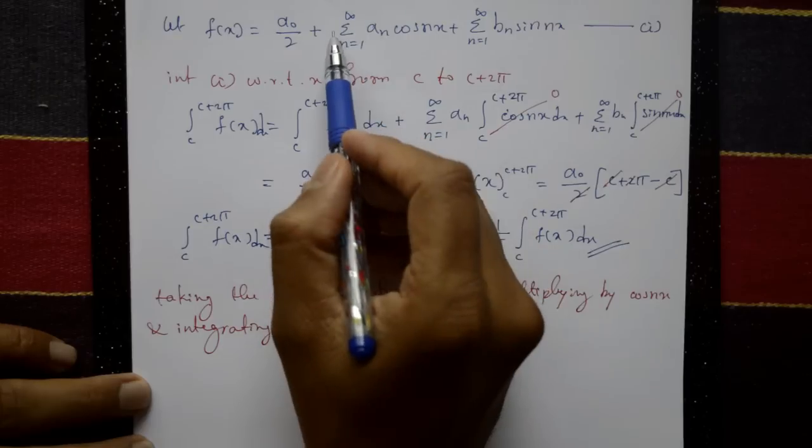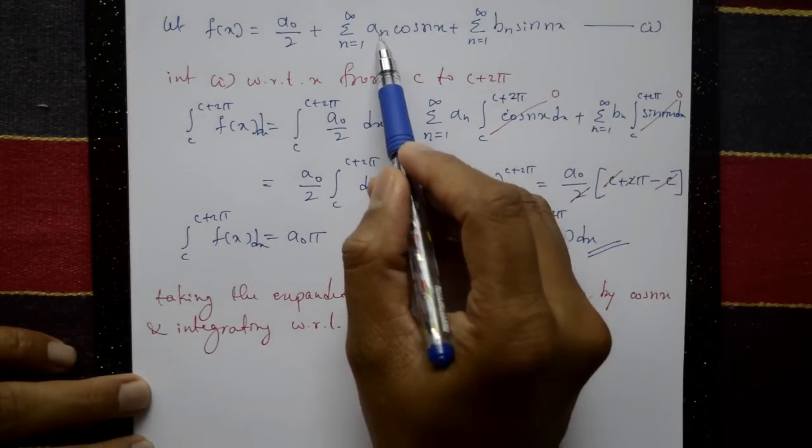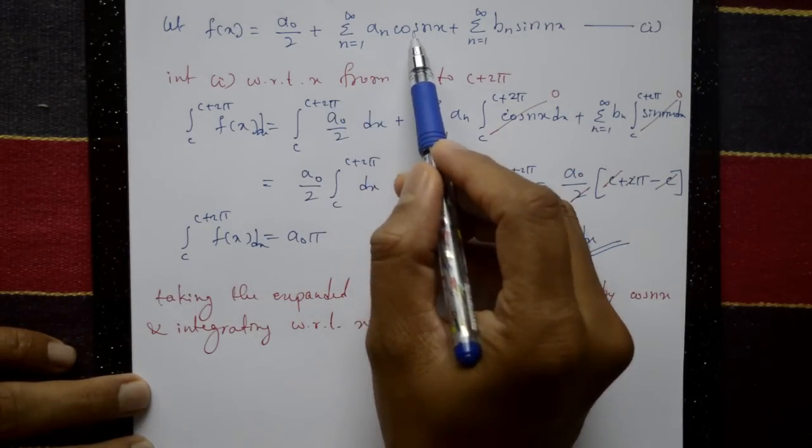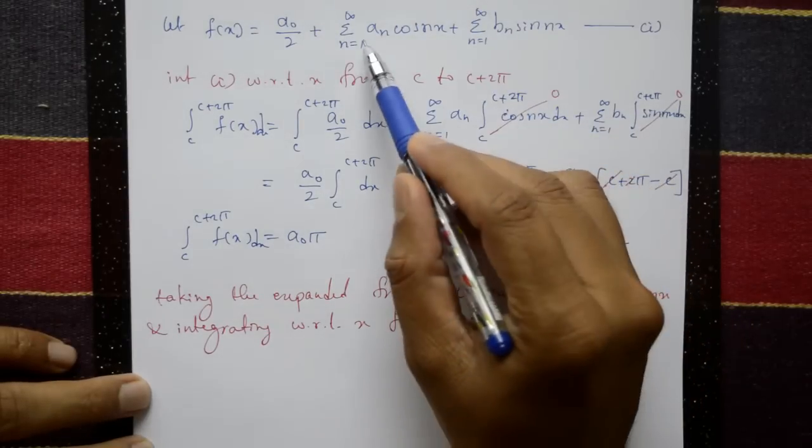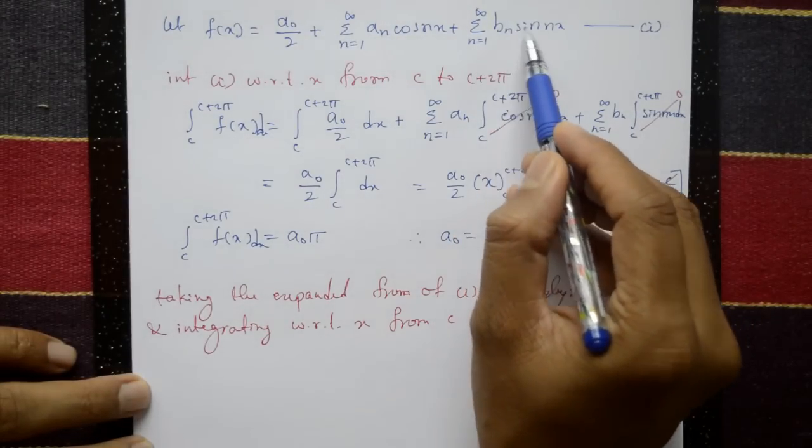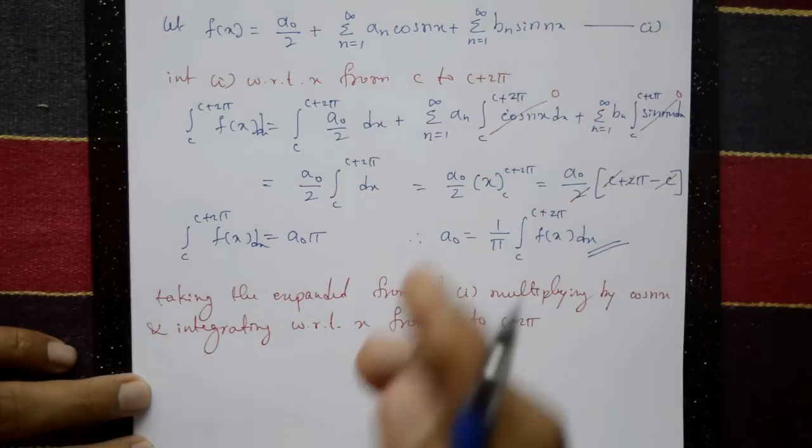Now expand this one, put n is equal to 1: a1 cos x, a2 cos 2x, like this, and the same for n from 1 to infinity, expand this series.